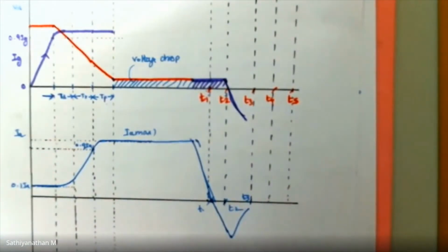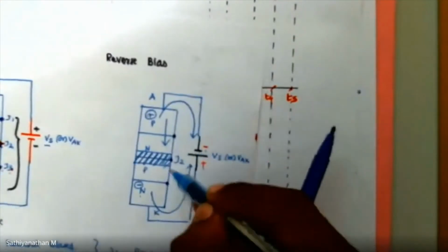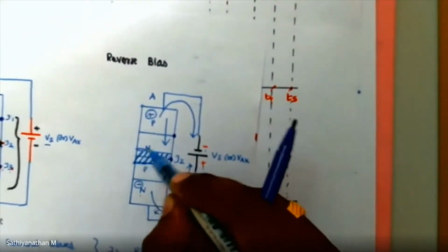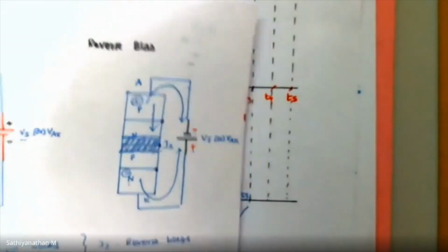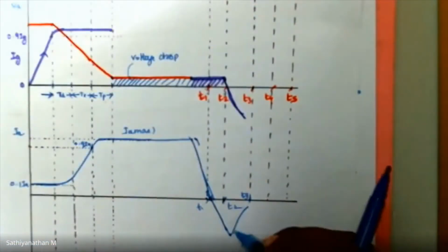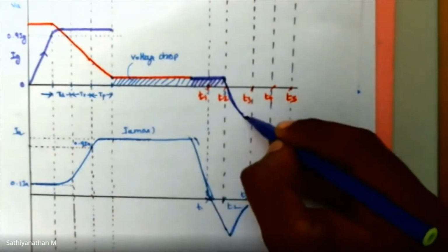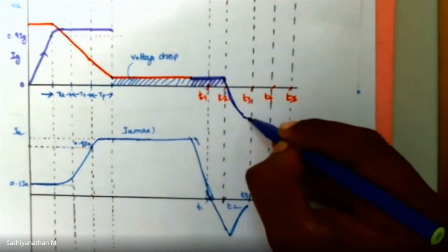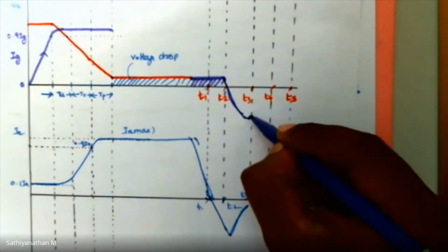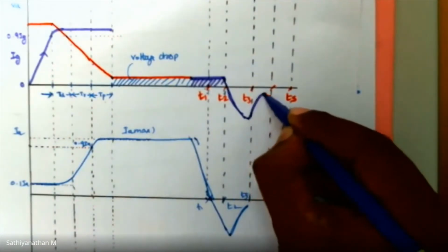It shows that your electrons and holes are attracted towards your supply, as well as neutralized at junction J2. So it starts to decrease, and it increases the depletion layer width at junction J2. Similarly, after T3, your voltage magnitude starts to decrease.